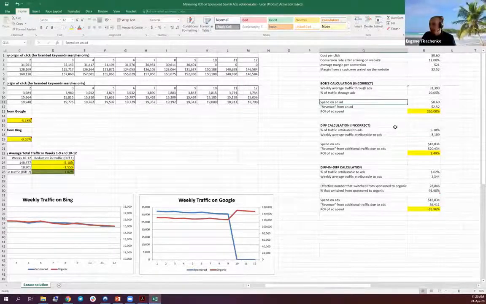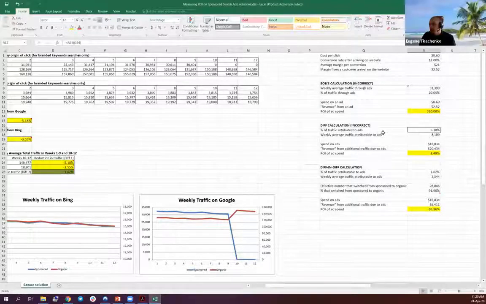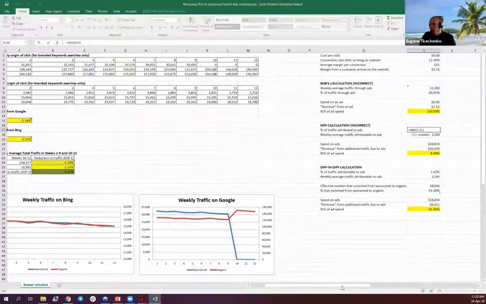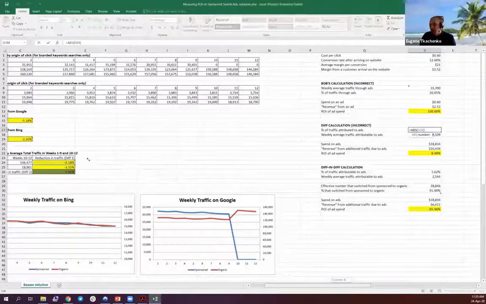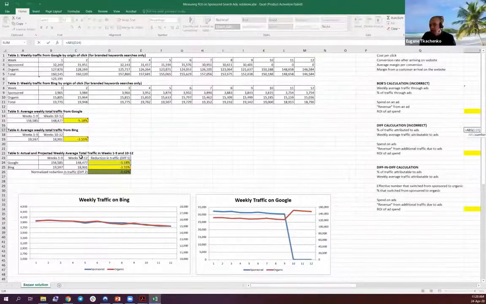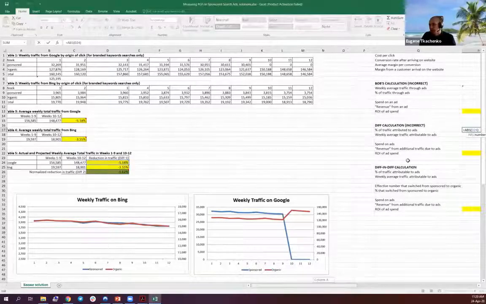However, when we are calculating difference calculations between, for example, the potential loss or the potential reduction in the traffic we were seeing for weeks 10 to 12, it was -5%.